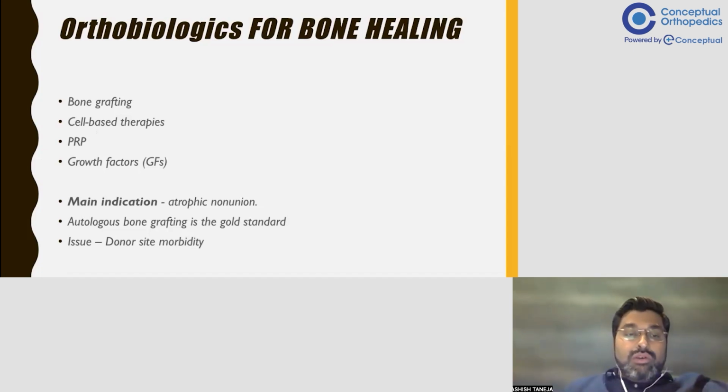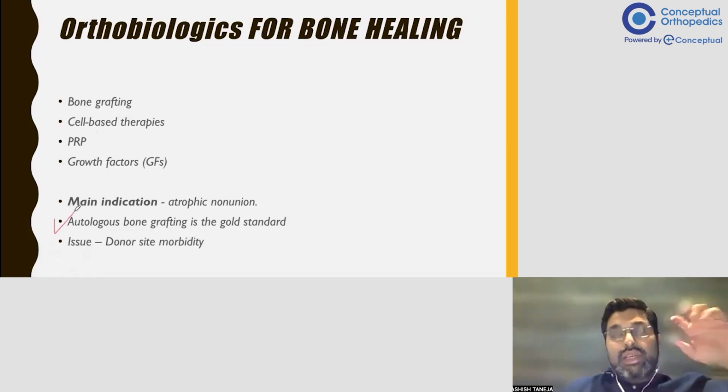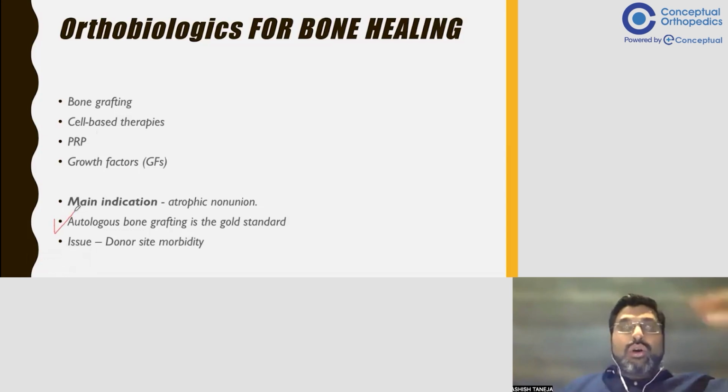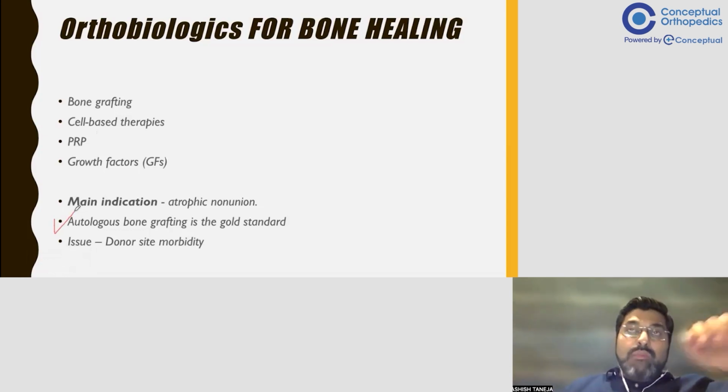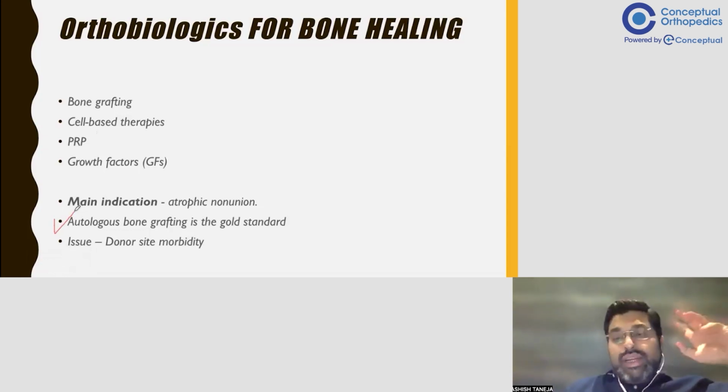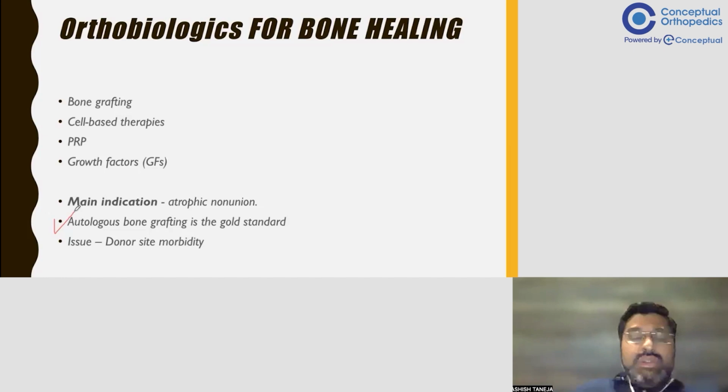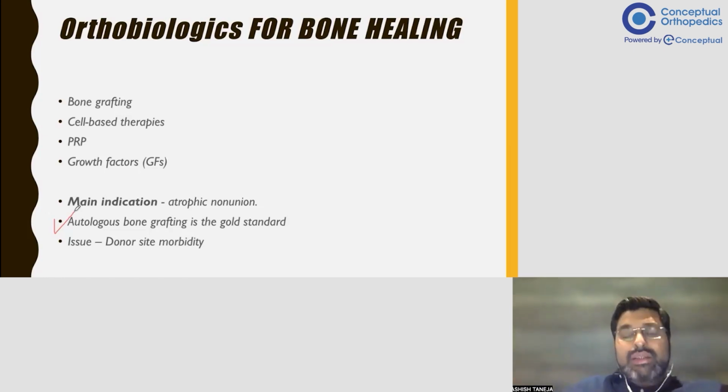So still the best way to increase the healing potential will be to use autologous bone grafting. But the problem with it is donor site morbidity. To avoid that morbidity, different orthobiologics have been introduced, and we have seen good results with these as well. So these can be avoided in some cases.